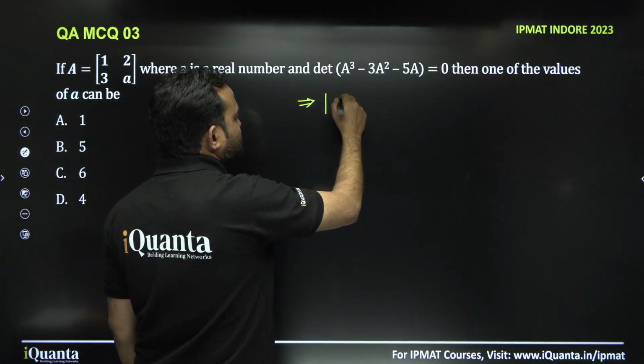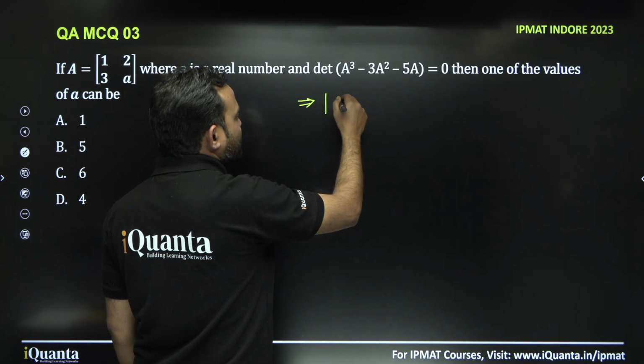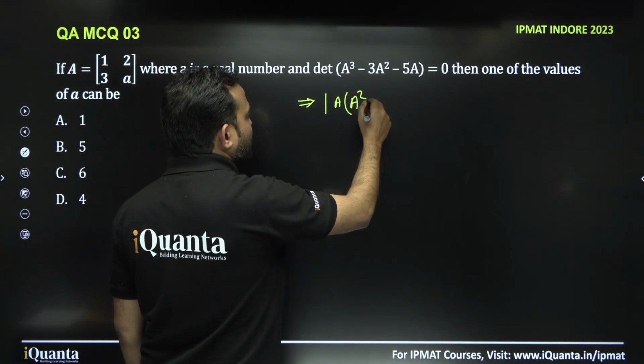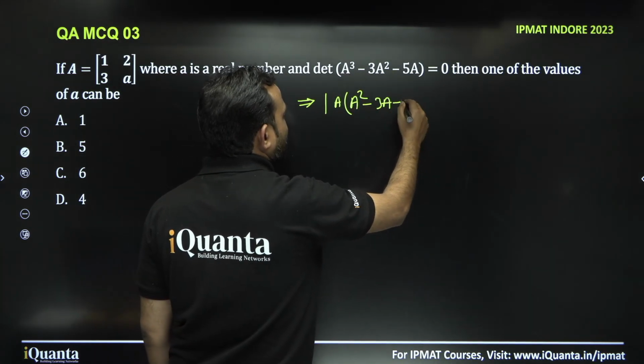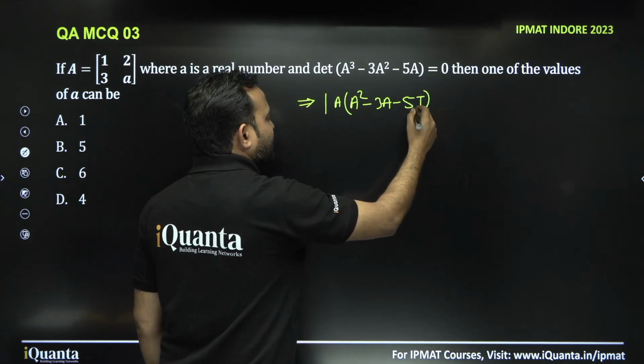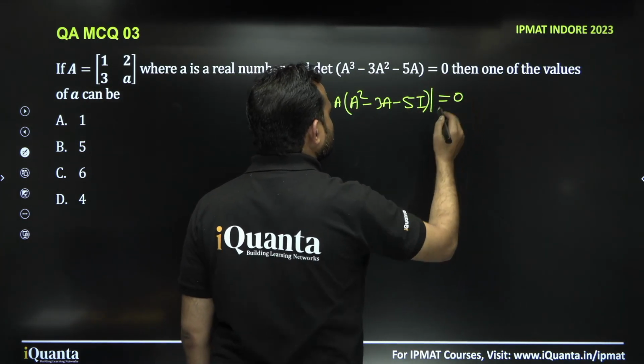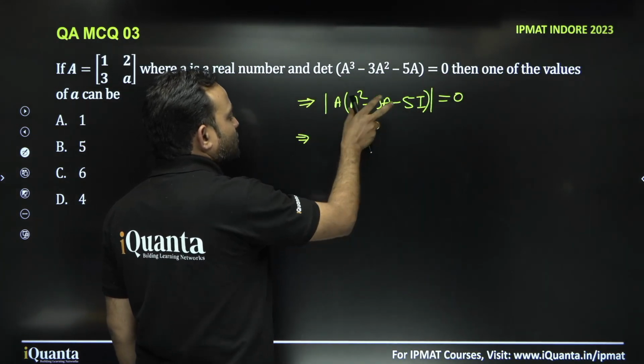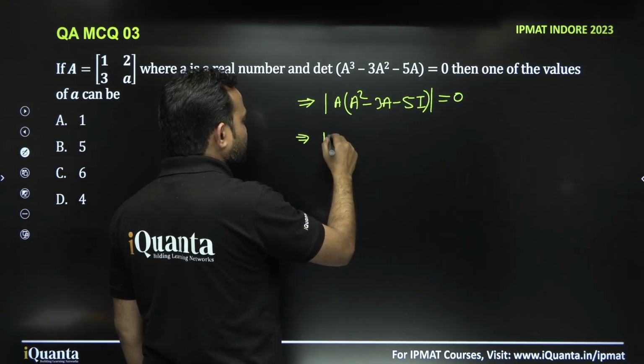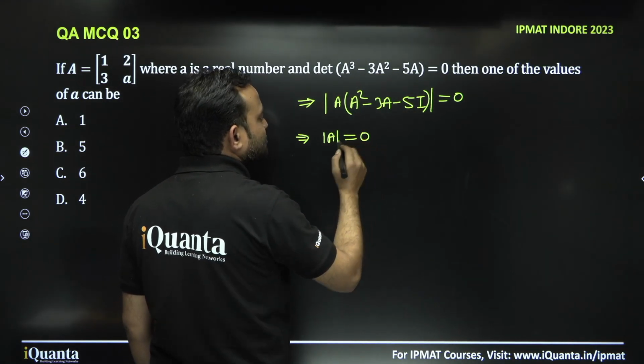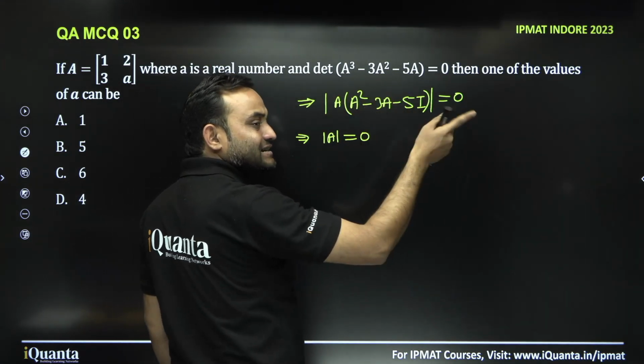mod of, if we take A common, then we get A square minus 3A minus 5I, is equal to 0, or one of these two must be 0. So we can say mod of A is equal to 0. This doesn't get us anything.